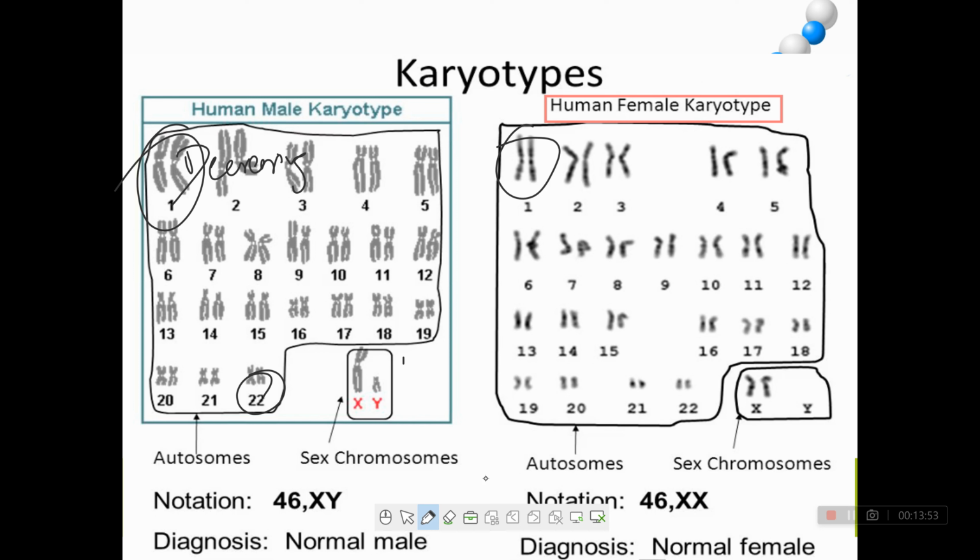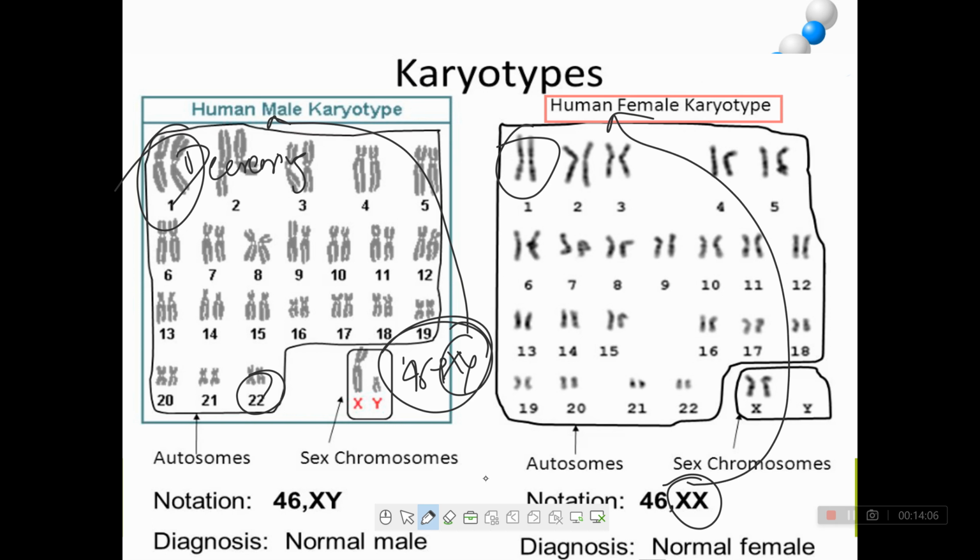So 46 plus XY is a male, because XY is male. Here 46 plus XX is female, because XX is female.